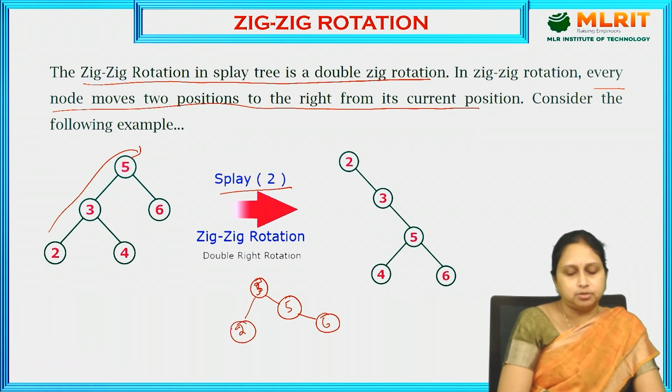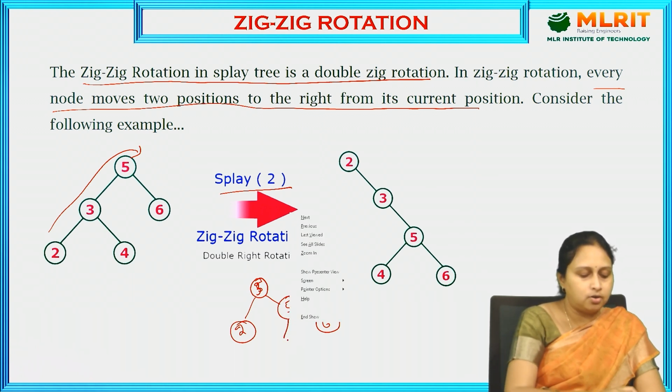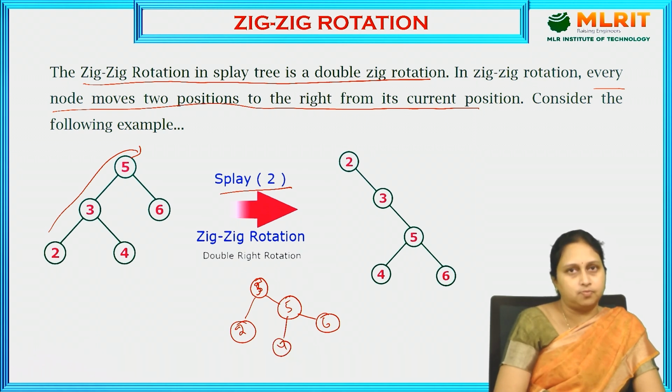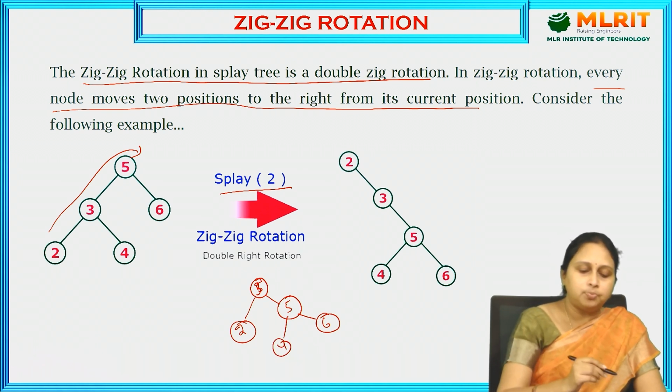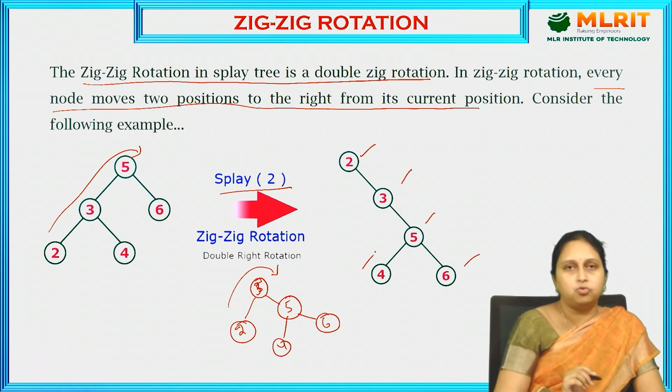That is one zig rotation, right? And 3 right is 4, so I don't have place here to place it, so we are going to place it as this. Now again I need to perform one more zig rotation. Now when I rotate this one, I am going to get 2, 3, 5, 6 and 4 like this. This is zig zig rotation.